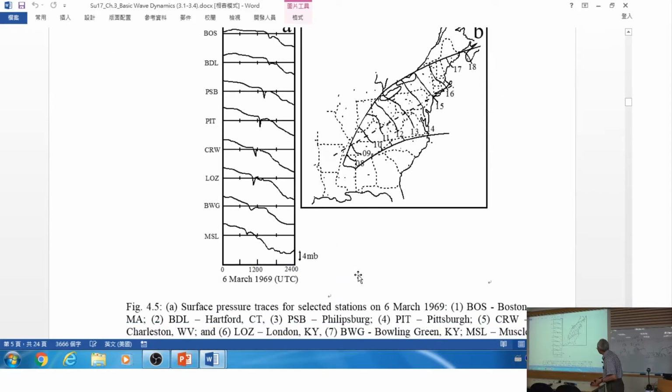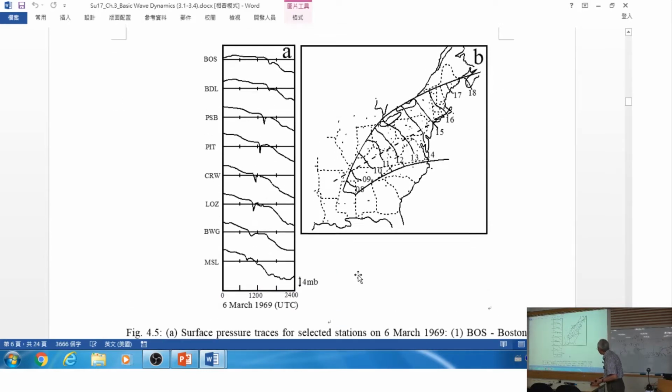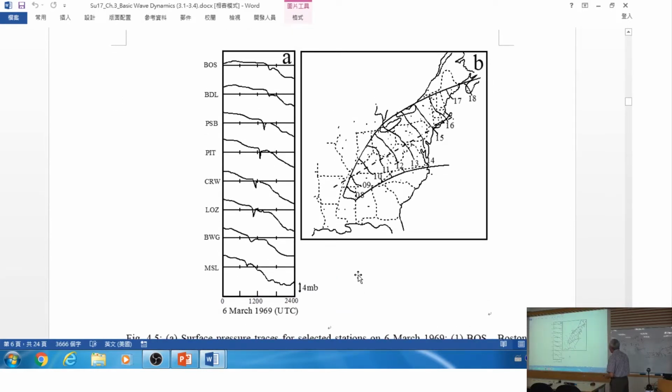And this is one example of waves generated by a disturbance associated with a squall line and front, which then propagate all the way to New England, this area here. They propagate for more than 18 hours. You can also see it from the microbarograph.